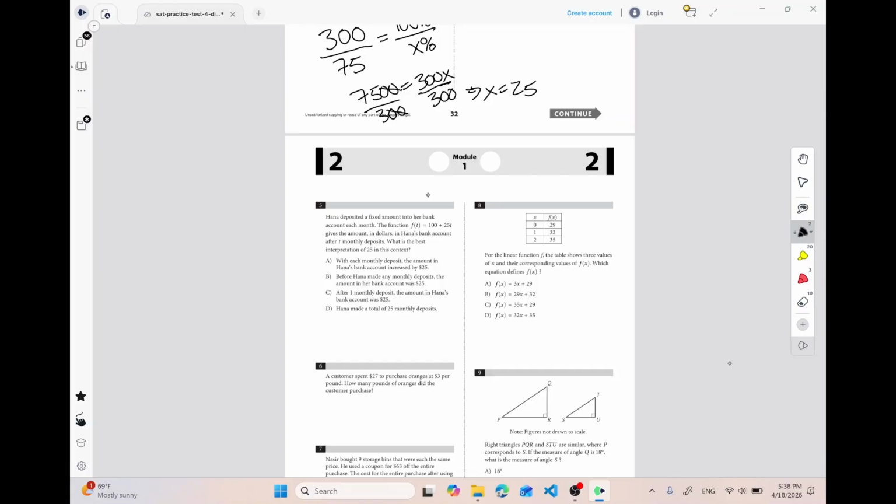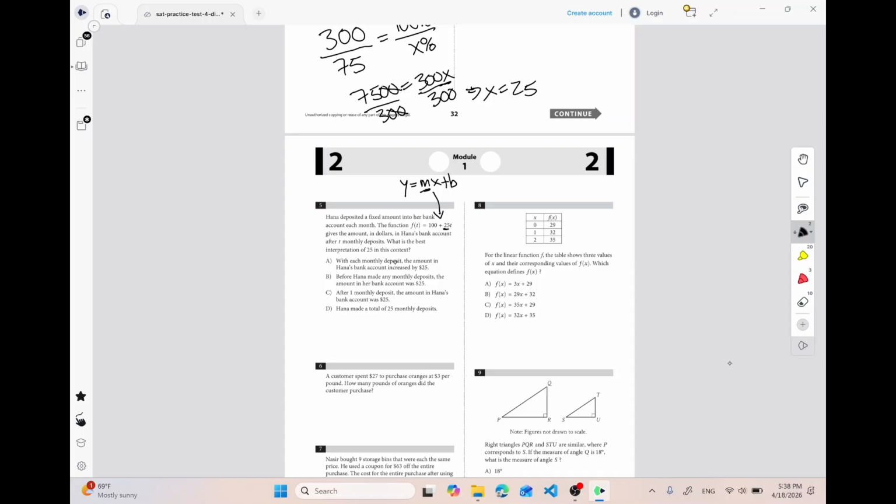So, this is a pretty simple linear equation. y equals mx plus b. m is the slope. In this case, it's 25. So they're asking us the interpretation of the slope 25 in the context. And since it's multiplied by t, and t is the number of months, that's going to be how much she deposits every single month.